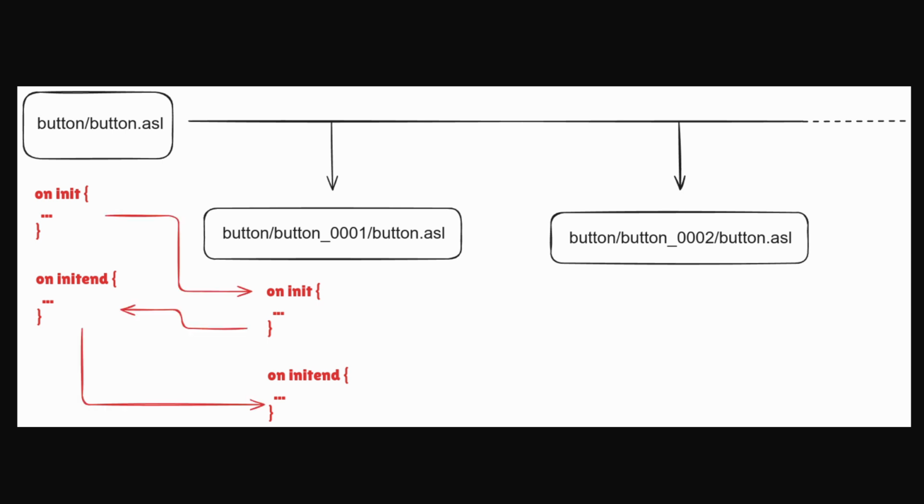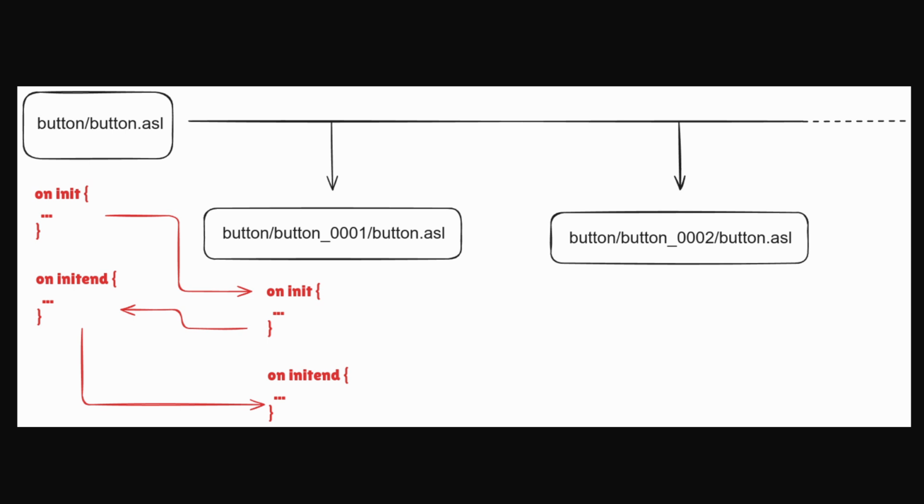First, you should look for the onInit in the main file, read all the lines one by one, and then go to the instance of it, the numbered one, and read the onInit there. Afterwards, go back to the main file and go back to the onInitEnd, and then you can go once more back to the numbered instance and read the onInitEnd from it.